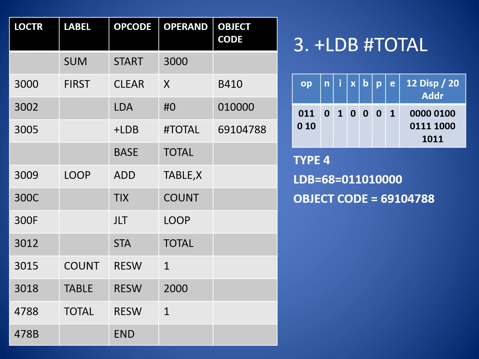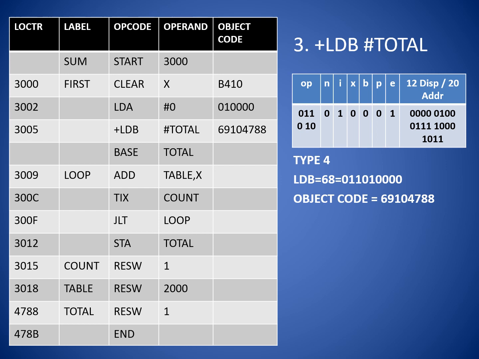The third instruction is +LDB #TOTAL. It belongs to the type 4 format. The opcode for LDB is 68. It is represented as follows in binary format. I is set to 1 because it is immediate addressing mode, and E is also 1 because it belongs to type 4 format.